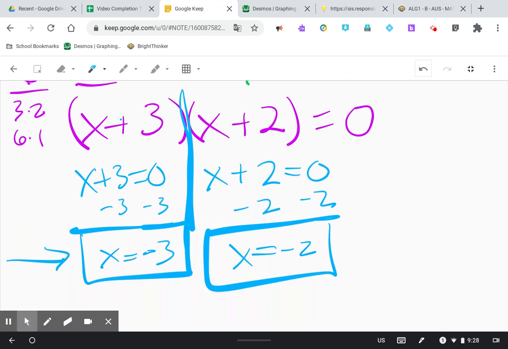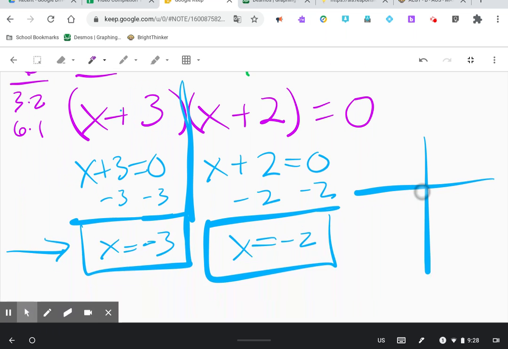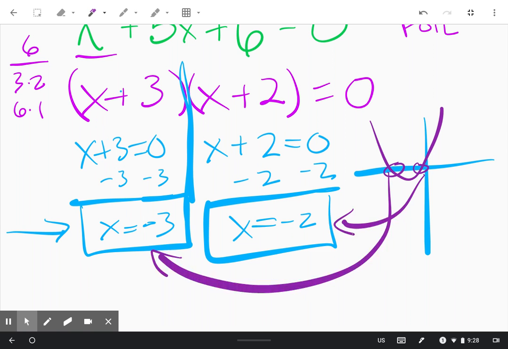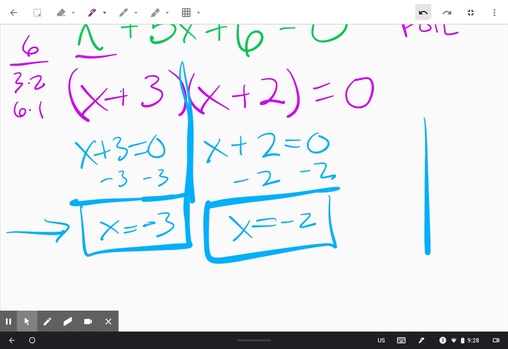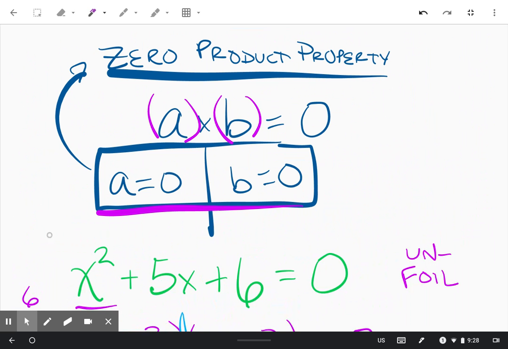So that is how we know, because when this comes in and intersects the x-axis, it intersects at these 2 points, which are negative 3 and negative 2. And that's where that whole thing comes from. So that is basically how the factoring method of solving this works.